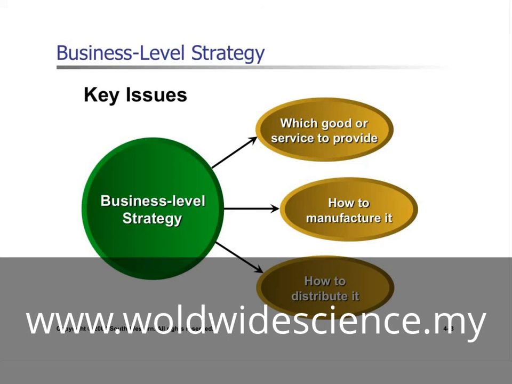Let's say you are creating markers. So the good you produce is a marker. How do you manufacture it? You have a certain type of manufacturing. It's all manufactured with certain types of machines, and so that's how you manufacture it. And how to distribute it?